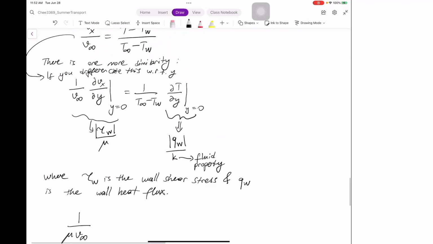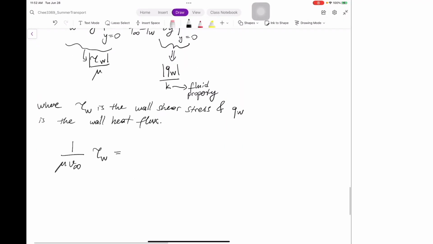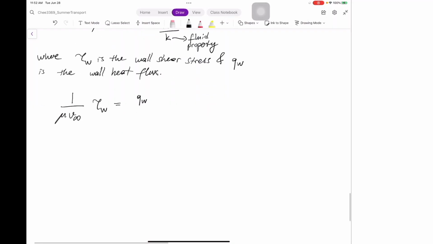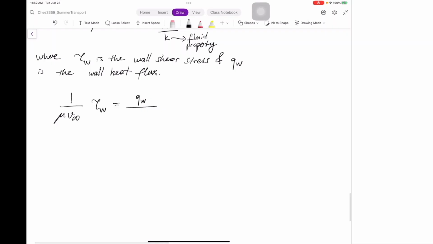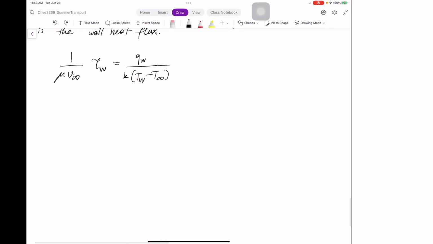So you have mu in the denominator, V infinity in the denominator on the left-hand side, times the tau wall. Let's think about the absolute values for a moment, is equal to Q wall divided by K times T wall minus T infinity. This and this are in the denominator. Okay.